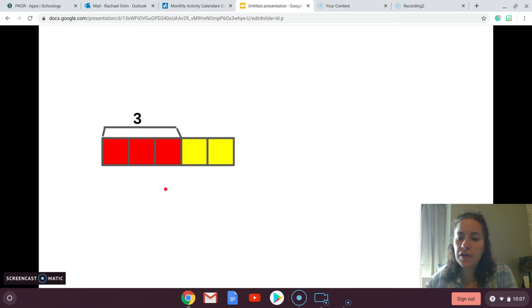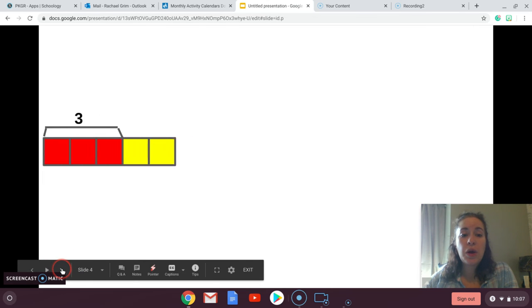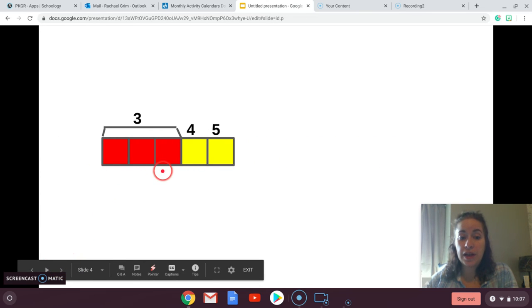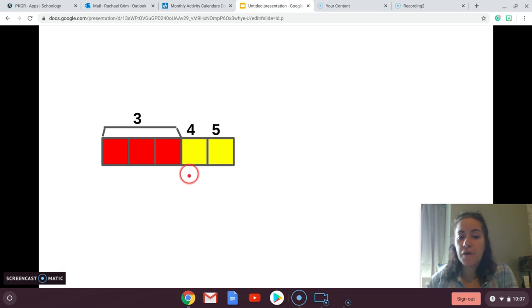Well, how do we figure out how many are left? How do we figure out how many are on this whole train with the yellow ones? If we can look right away and see that there are 3 cubes there, well, we can start at 3 and just keep counting. We can count on from 3. It would look like this. We would go 3, 4, 5, right?